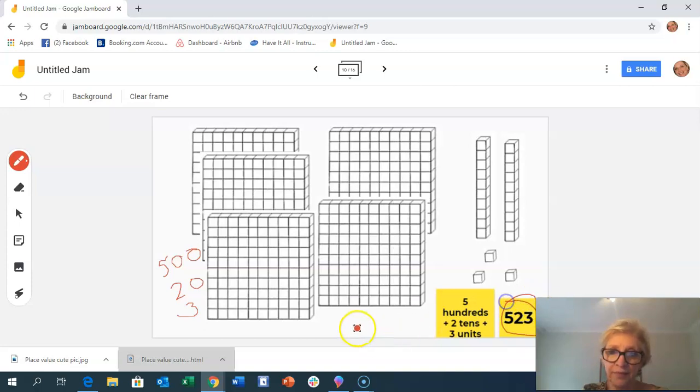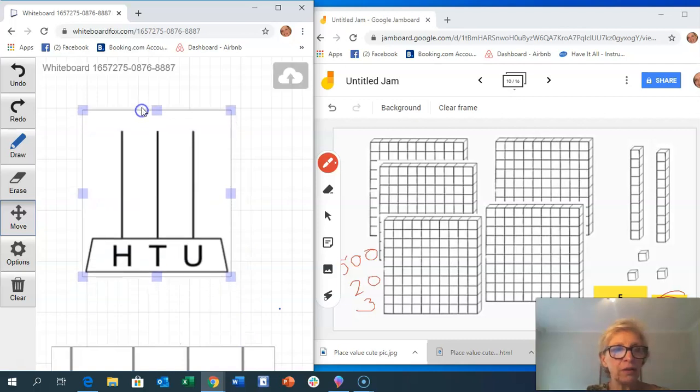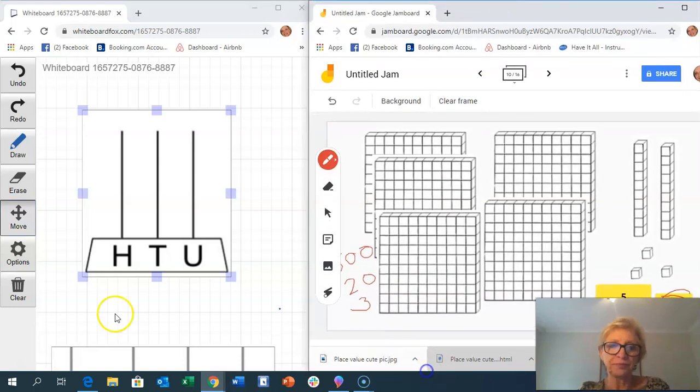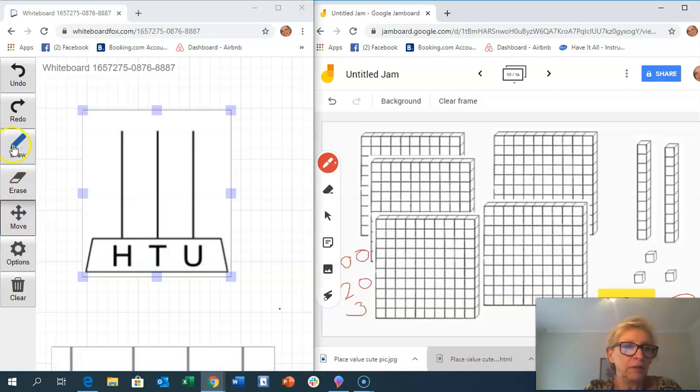There it is there. I'm going to go on to another platform now just to show you how we're going to write this on our Abacus. I couldn't fit an Abacus on the other page. So how am I going to write this then? We are using the 523, which is over here.